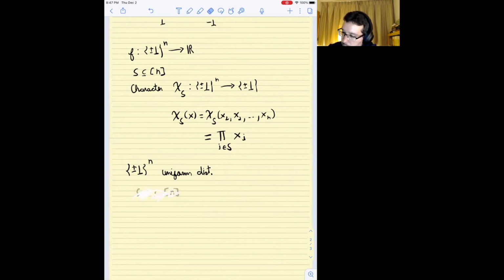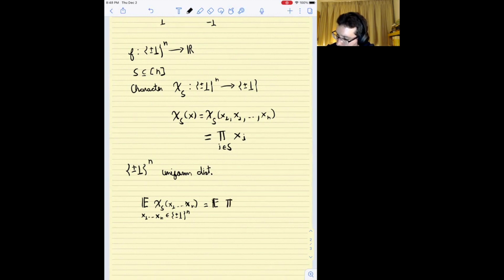What is going to be the expectation of this guy here? If you take a random string according to the uniform distribution, it's a perfect product distribution, right? So here you have x1 through xn, uniformly plus minus 1 to the n. And now let's consider the chi-S that we had before. By the definition, this is the product, right? Very good.